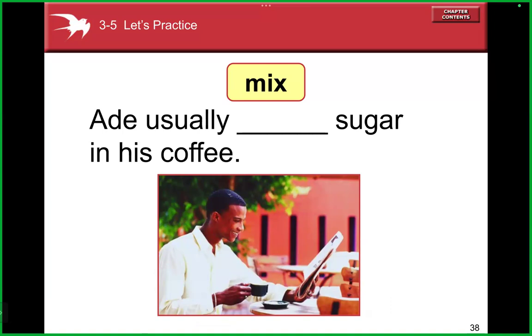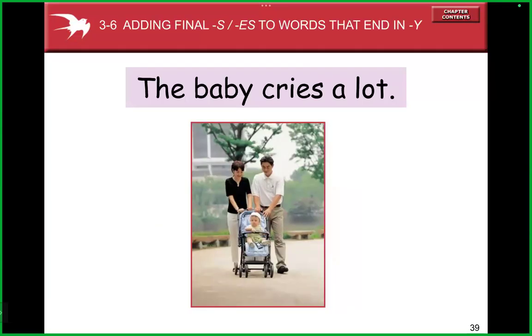Eduardo usually mixes sugar in his coffee. Okay, thank you. But don't forget those verbs that end in the letter X. We need to add the suffix es for the third person. Eduardo usually mixes sugar in his coffee. Okay, so let's move on to rule number 2.